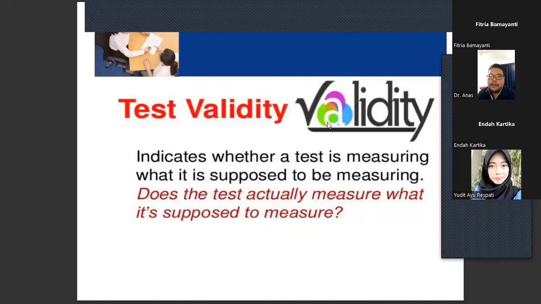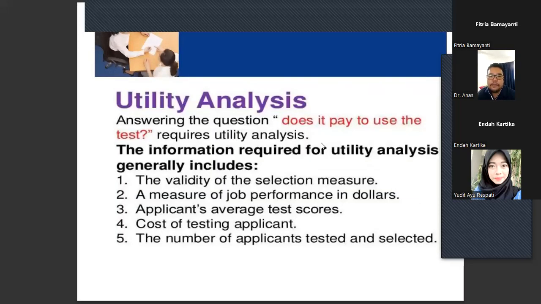Next, utility analysis. Utility analysis answers the question: does it pay to use the test? The information required for utility analysis generally includes the validity of the selection measure, a measure of job performance in dollars, applicant average test score, cost of testing applicants, and the number of applicants tested and selected.